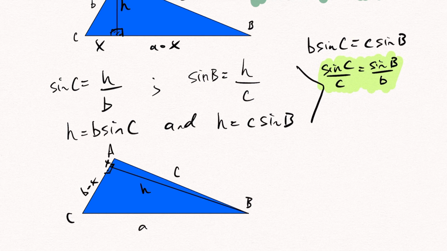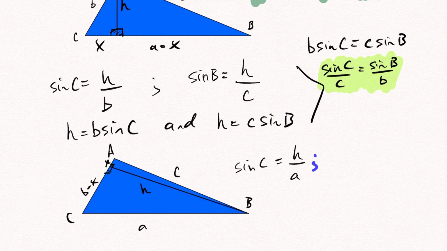Setting up my ratios here, I know the sine of angle C is going to equal my opposite, which is h, over my hypotenuse, which is a. Again, I'm observing the triangle going this way.